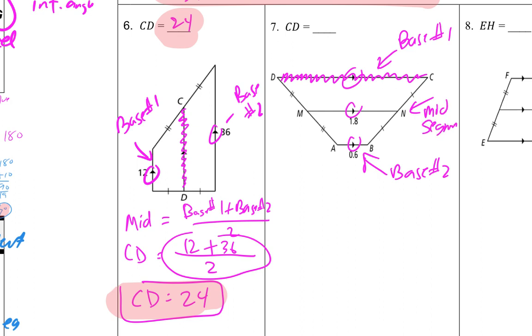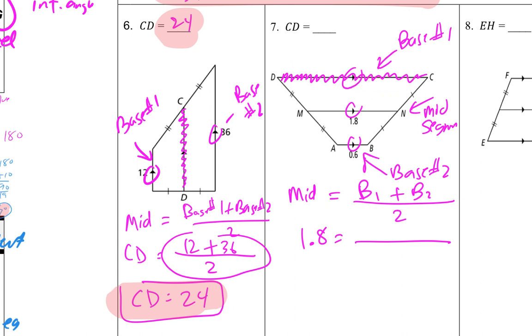All right, so let's set it up. We said the mid-segment is equal to B1 plus B2 divided by 2. So the mid-segment, which is MN, is going to be 1.8, equals base 1.